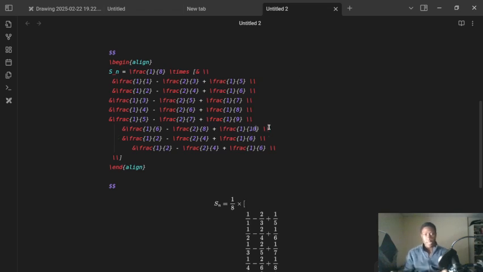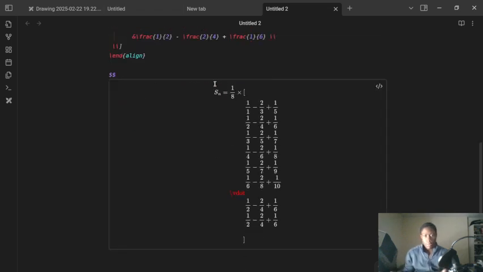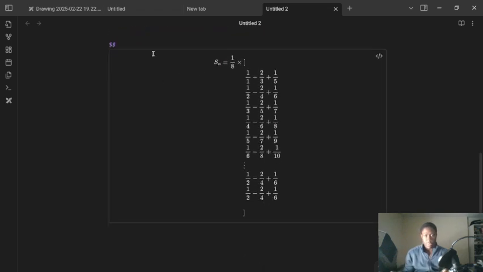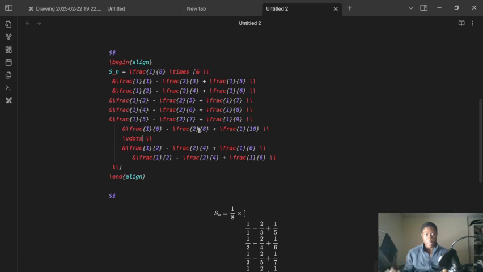Okay, and then at this point, I'm going to do a v dots thing. Is it v dots? Yes, v dots. And go from the end.